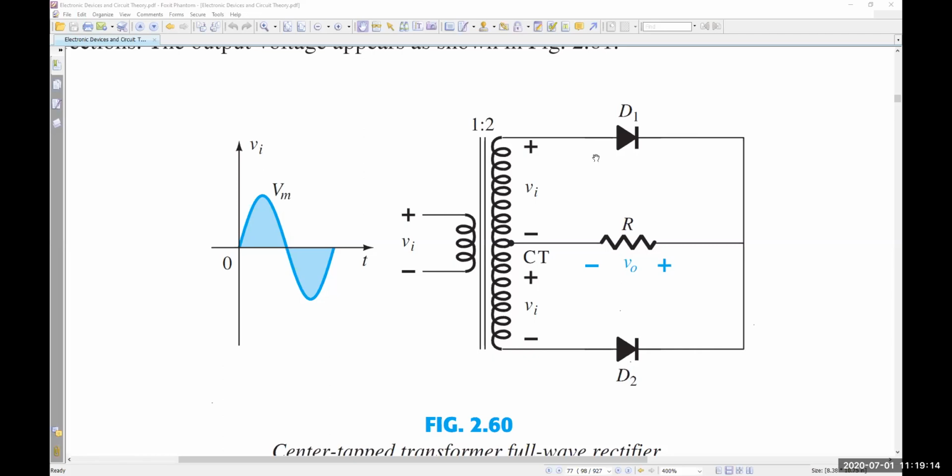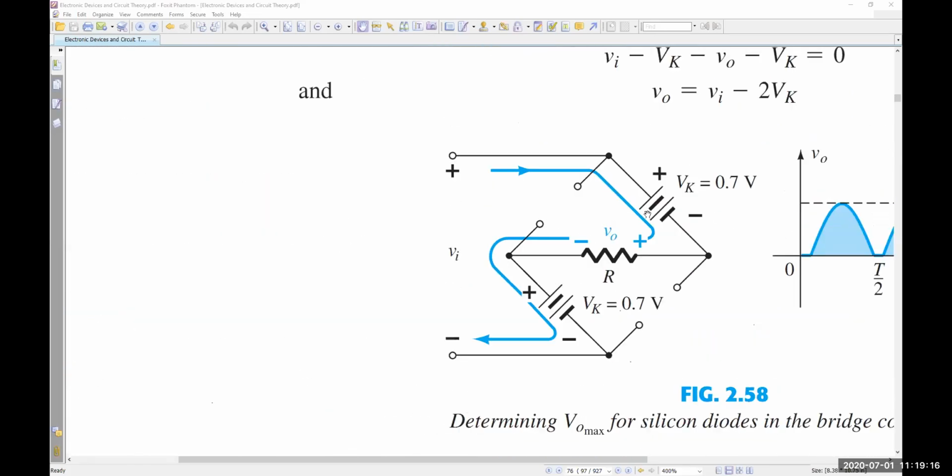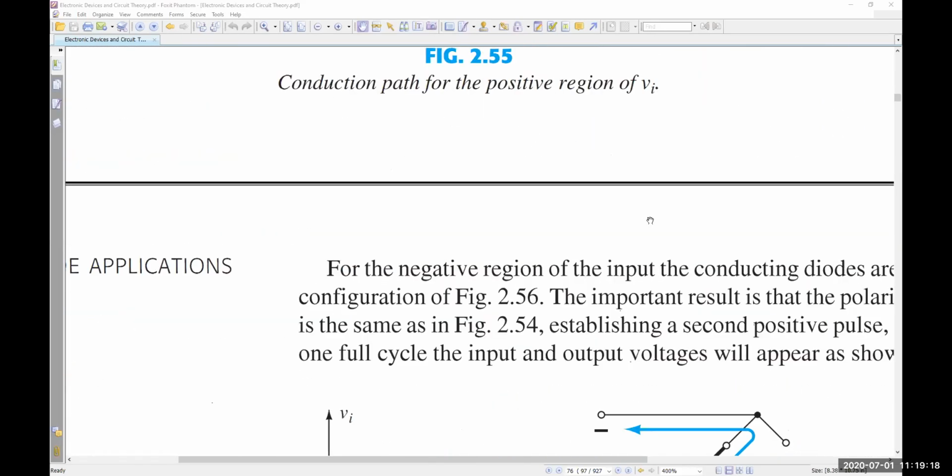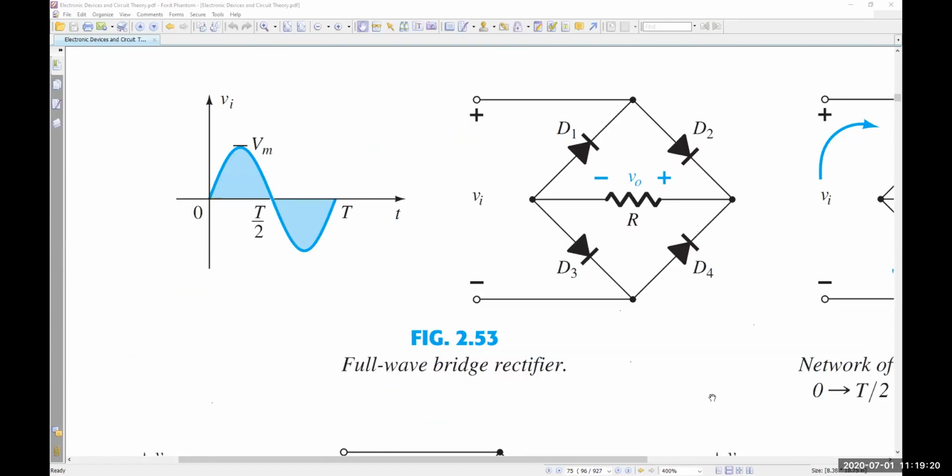What is that? Here, where will you put your ground? Here or here? Near D3. Here, right? You will put your ground here.